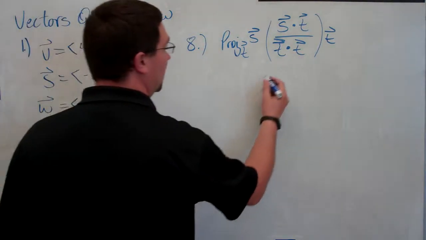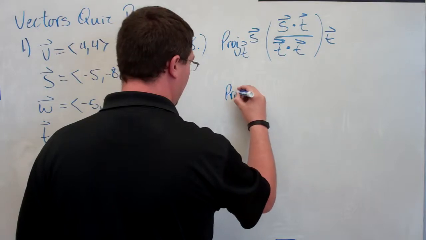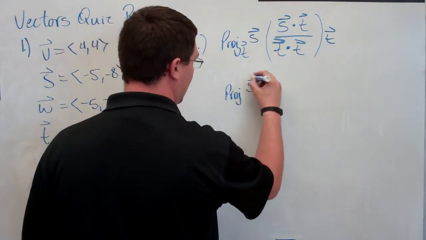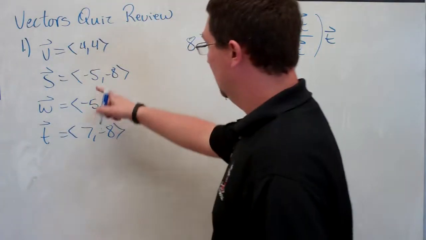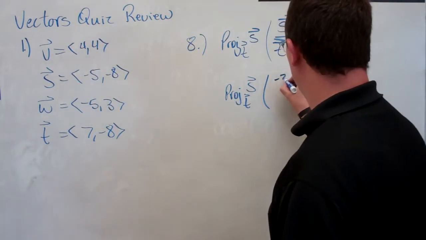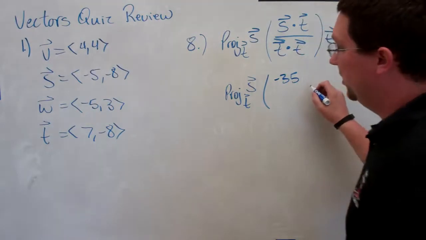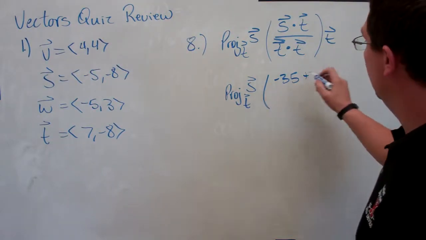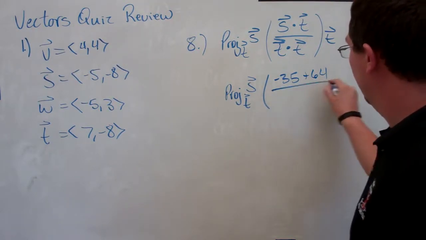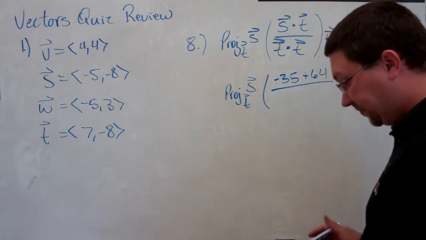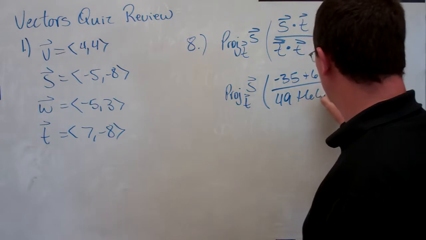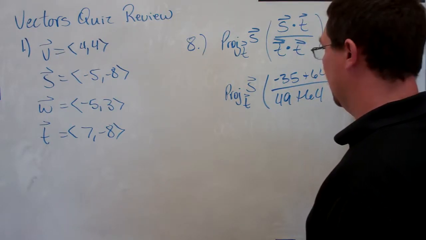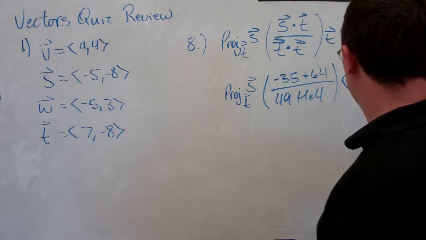So, let's go ahead and do this. The projection of S onto T is the dot product: 7 times negative 5, negative 35, plus negative 8 times negative 8, which is 64, over the dot product of T with itself, which is 49 plus 64, and all of that is going to get multiplied by 7 comma negative 8.